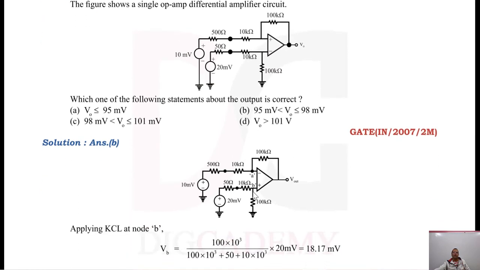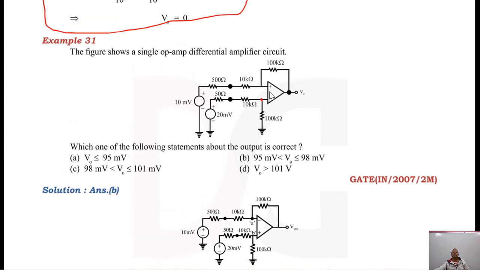What is the procedure? Find the voltage in any op-amp circuit. If nothing is clear to you, you find the voltage at the non-inverting terminal first, and then find the voltage at the inverting terminal.